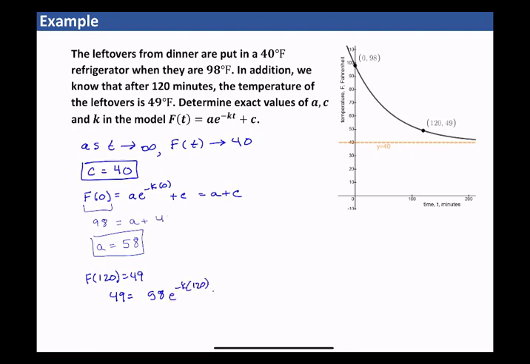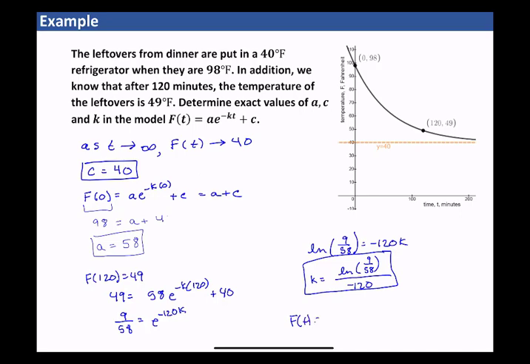Alright, so first we're going to subtract 40 and then divide by 58 to get 9 divided by 58 equals e raised to the negative 120k. We can use the natural logarithm to reverse the exponential function, and this gives us the natural log of 9 divided by 58 equals negative 120k. And dividing by negative 120, the exact value of k is the natural log of 9 divided by 58, all divided by negative 120.